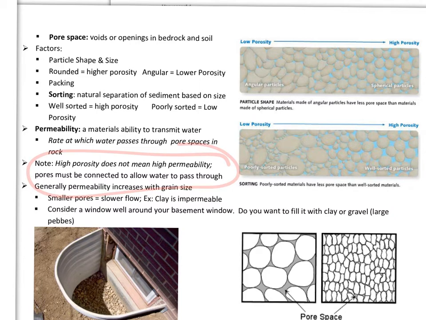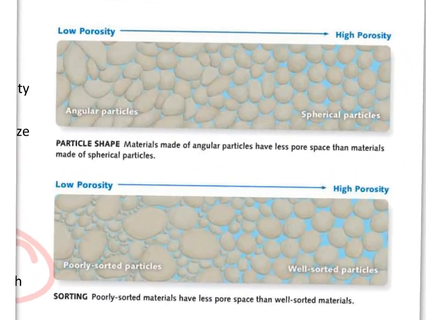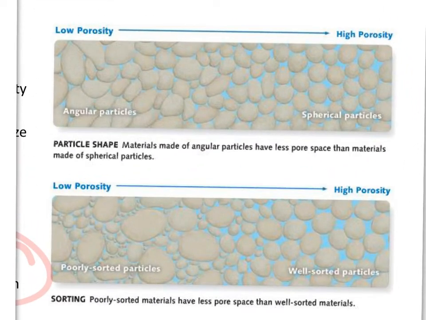Okay, so what are some factors that are going to affect your porosity, right? What's going to affect the amount of pore spaces? Well, the shape of the grains is going to be really important. If they're all really well-rounded, you're going to develop a lot of pore space in between, which is what you're seeing in this diagram over here. You can see all the blue on the right where it says spherical particles. That means they're round.